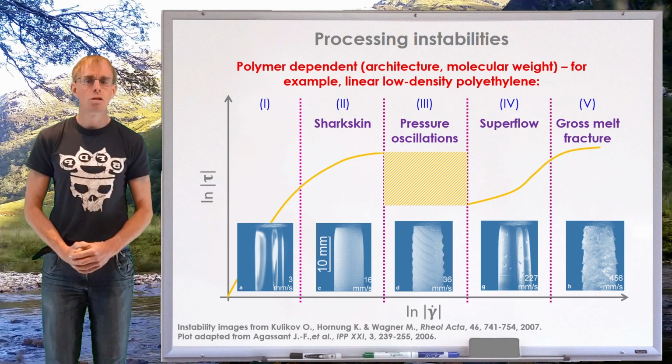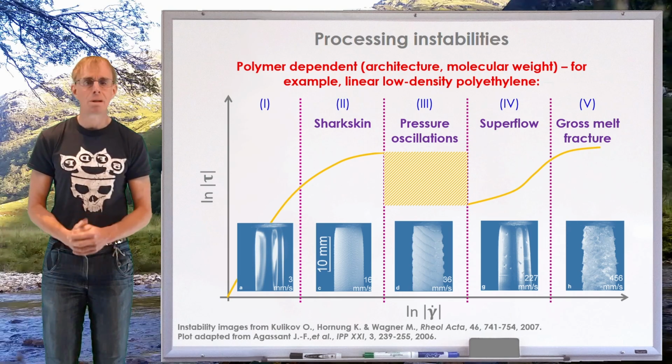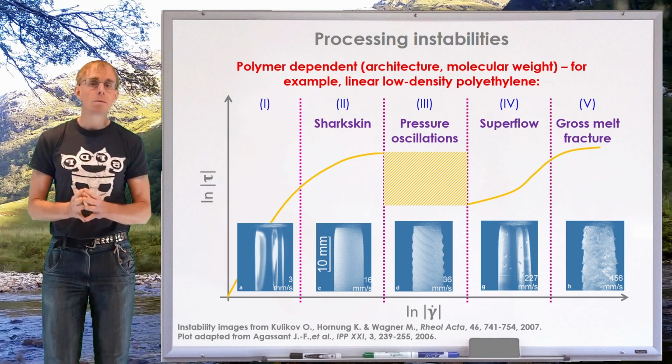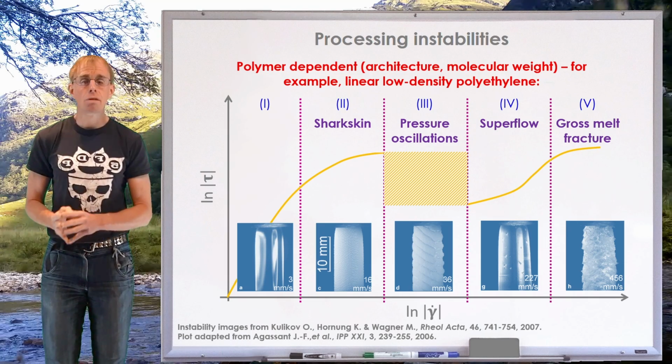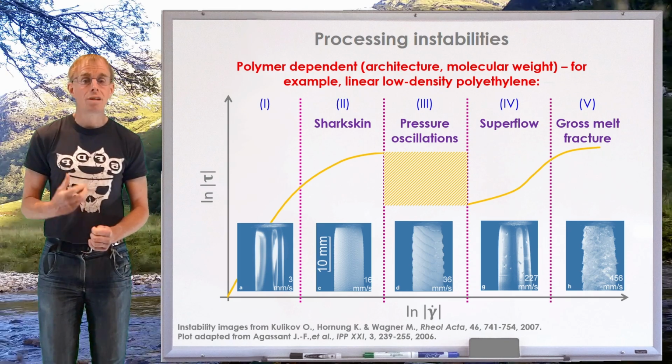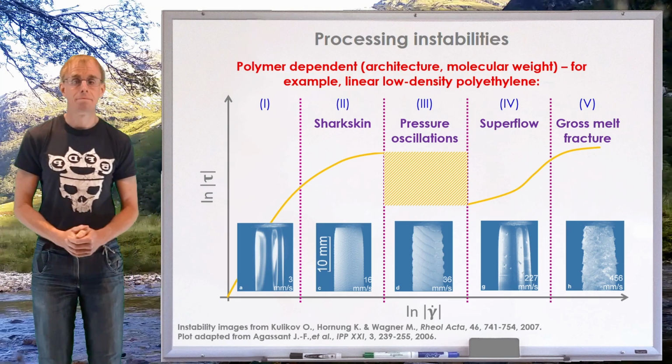And by the time you reach gross melt fracture, you're binning product. It's going to be complete waste. So we need to be aware that the rate at which you process a polymer is important, and equally as important is the type of polymer that you're actually processing.